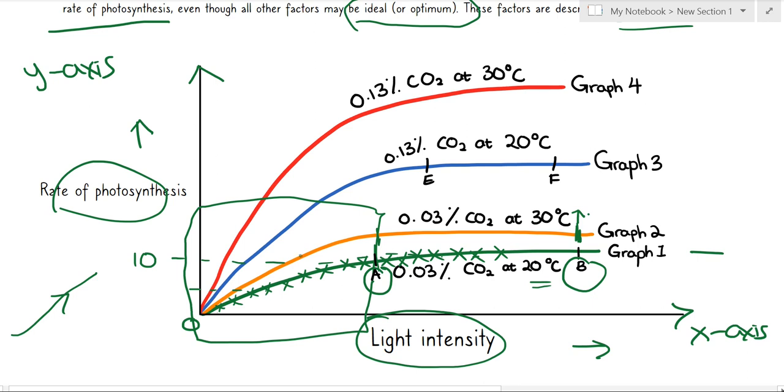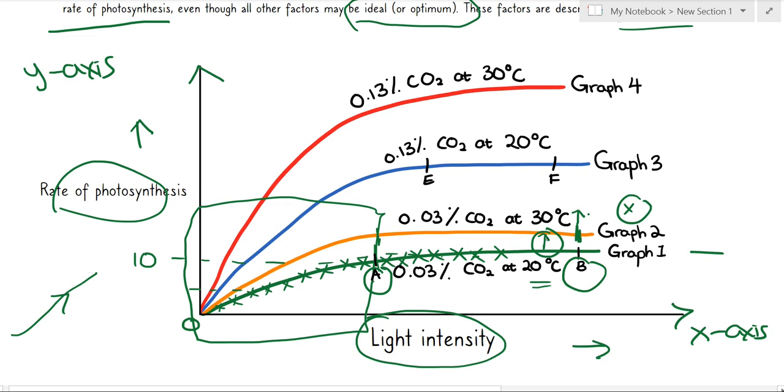So the limiting factor here is light intensity. But as the graph becomes straight, light intensity no longer is the limiting factor. Comparing 20 degrees Celsius versus 30 degrees Celsius, it increased, but it's not a very significant increase.